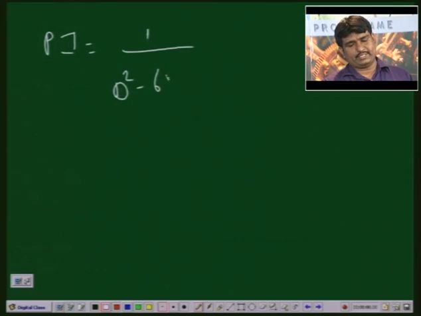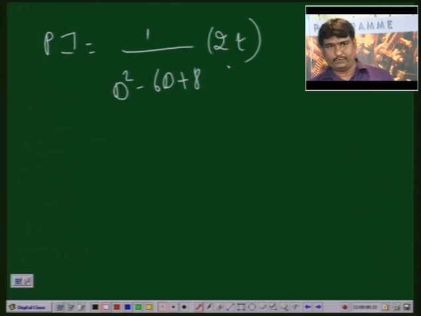Pi is 1 by d square minus 6d plus 8, assume some operator operating on 2t.